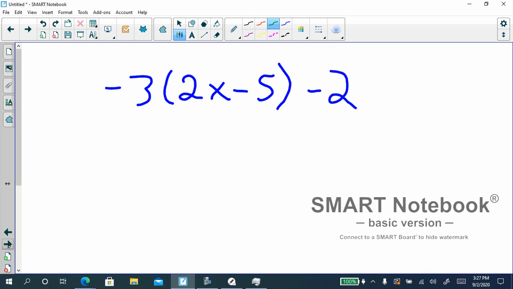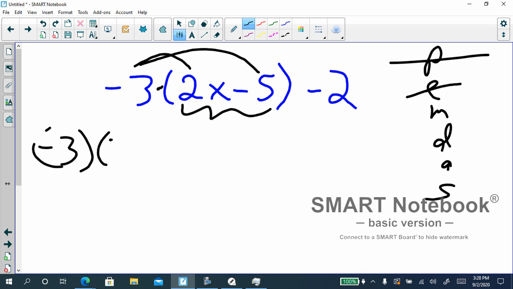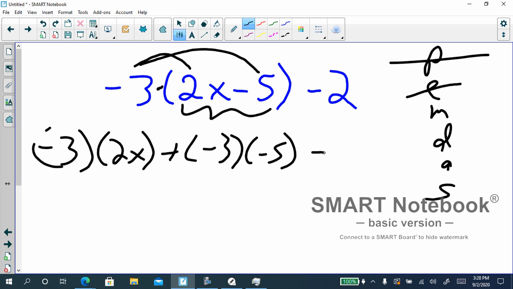Now lastly, we have the same type of problem. Inside parentheses, those are not like terms because one has an x, one doesn't. There are no exponents, but there is multiplying. So we distribute here. Negative 3 times 2x plus negative 3 times negative 5, and then bring down the minus 2.